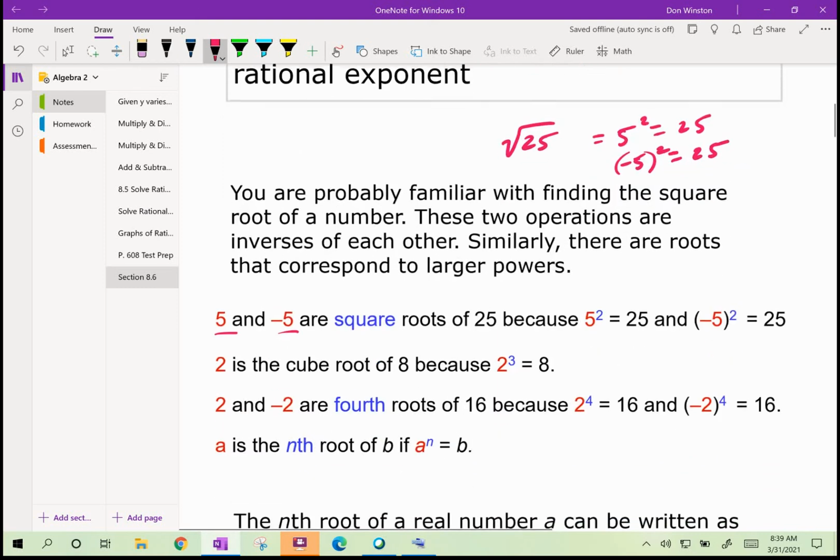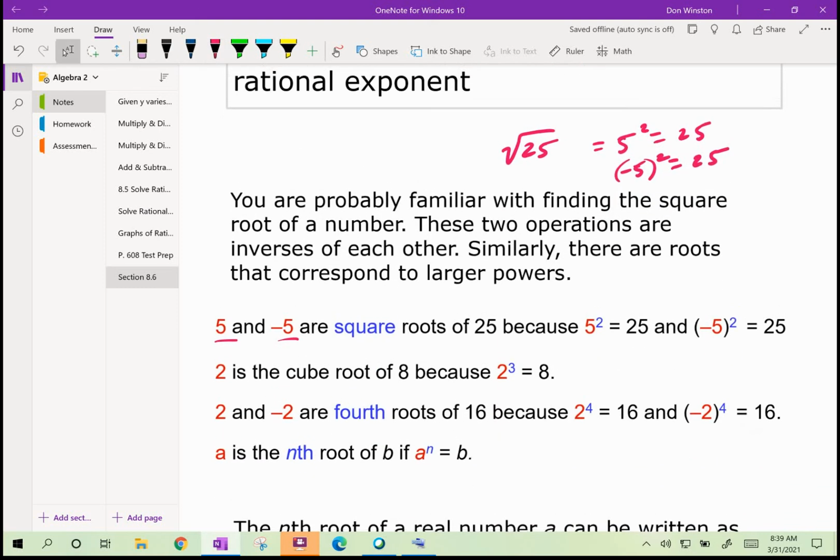2 is the cube root of 8 because 2 to the third is equal to 8. Now, how would we write that in terms of a radical expression? Well, we would write that the cube root of 8 is equal to 2.